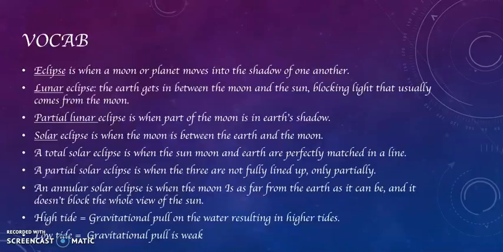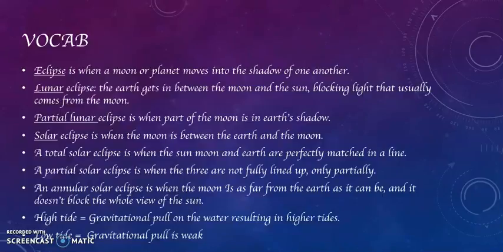A total solar eclipse is when the sun, moon, and Earth are perfectly matched in a line. A partial solar eclipse is when the 3 are not fully lined up, only partially. Now, an annular solar eclipse is when the moon is as far from the Earth as it can be, and it doesn't block the whole view of the sun.